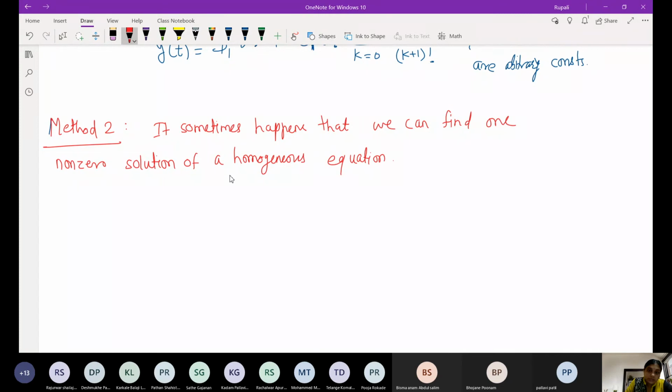So in this case, if we know one solution of a second order equation, then the order of the equation can be reduced by 1.